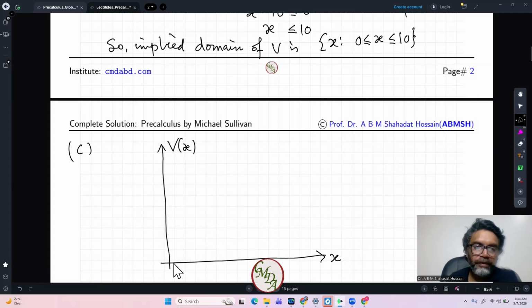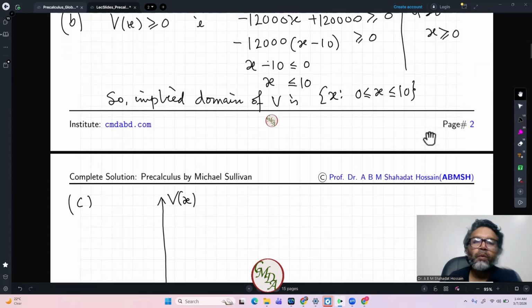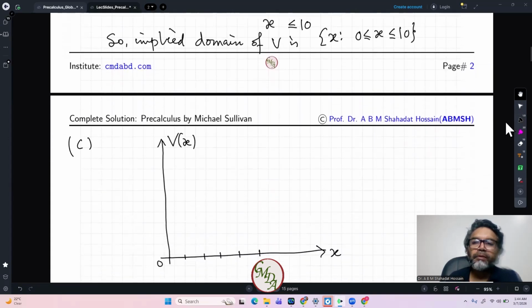It goes from 0 to 10: 2, 4, 6, 8, 10, so we choose 2 units. The initial value is $120,000, so we can have 20,000, 40,000, 60,000, 80,000, 100,000, 120,000.